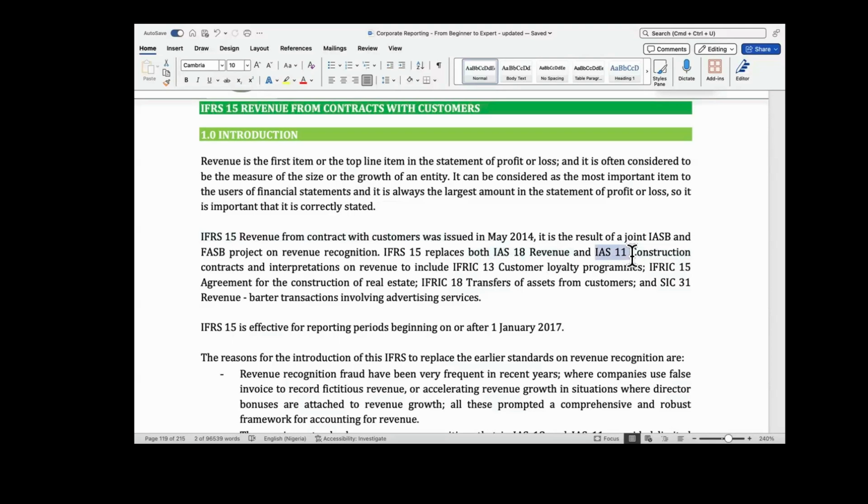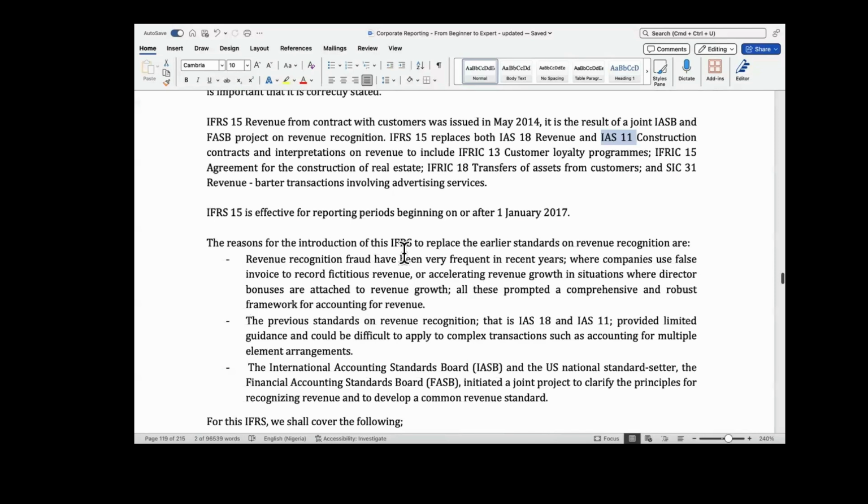One of the reasons for IFRS 15 is that the previous standards on revenue were not able to close some gaps in false invoicing and recording fictitious revenue. There were loopholes people were taking advantage of in recognition of revenue, but IFRS 15 has covered most of those loopholes. The guidance here is extremely extensive.